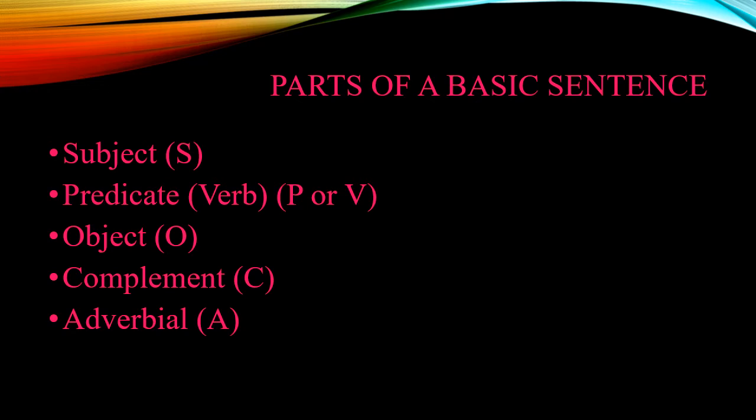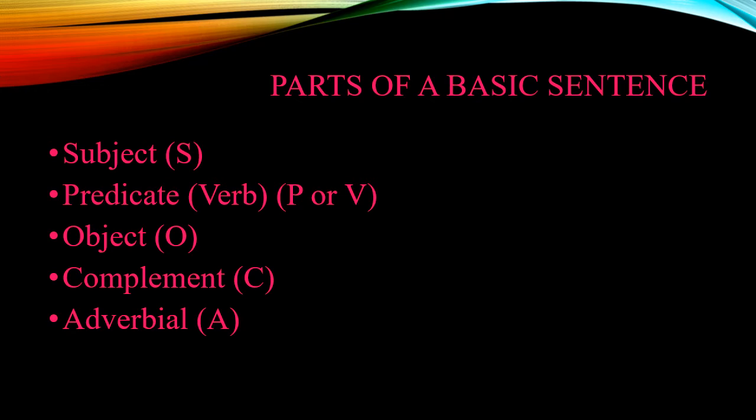Then the object. Now the object is the receiver of the action of the transitive verb. That is, we know that the transitive verb is followed by an object, and this object can be a noun, a pronoun, a noun phrase, or a pronoun phrase, just like the subject.